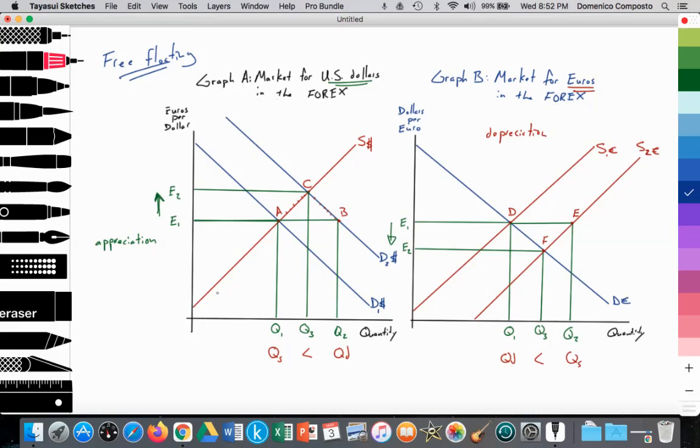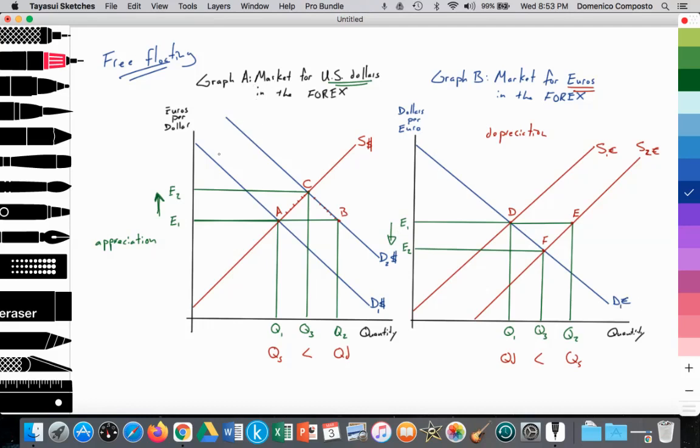In graph A and B, we have upward sloping supply curves labeled S1 and S2 in graph B. Supply of dollars in graph A, supply of euros in graph B. We have downward sloping demand for currencies. In graph A, it's the demand for US dollars, D1 and D2. And in graph B, it's the demand for euros, labeled D1 for euros.